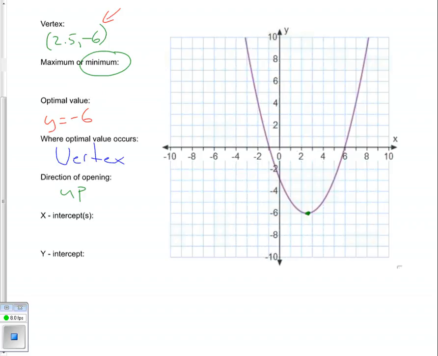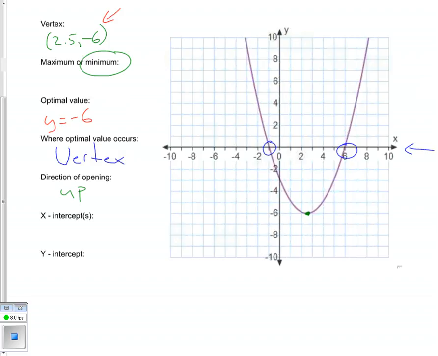We'll start by looking at the x-intercepts first. The x-intercepts happen when the parabola crosses over the x-axis, and the x-axis is this line that travels horizontally. This particular parabola intersects the x-axis in 2 locations, right here and also right here. Because it happens twice, we need to indicate that the parabola intersects the x-axis 2 times.